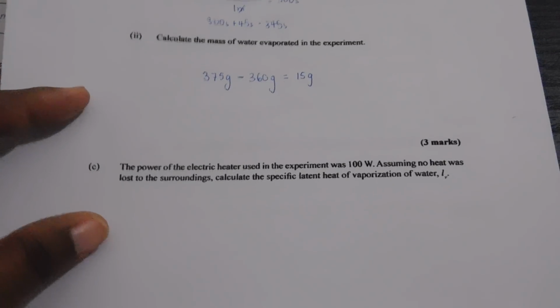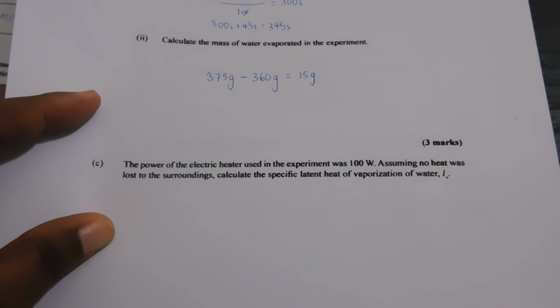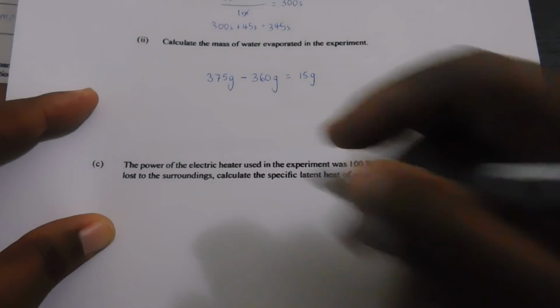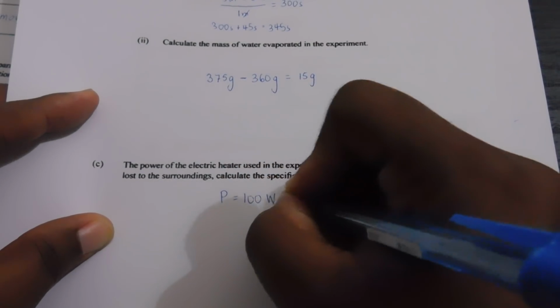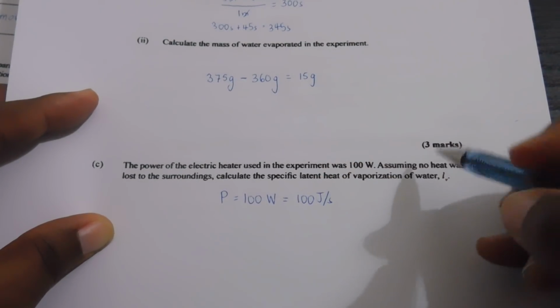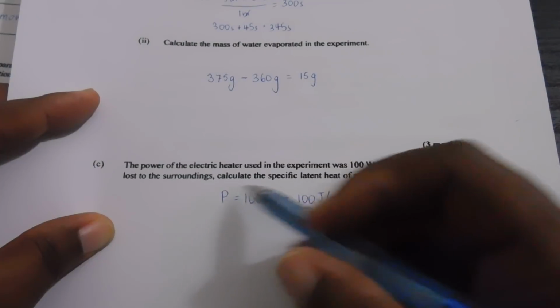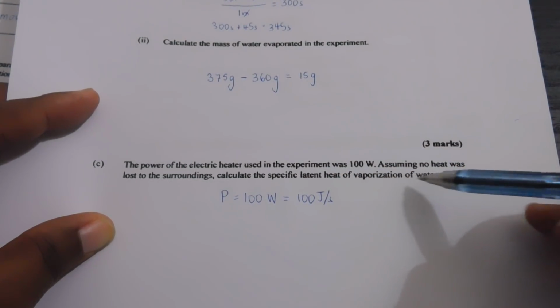Then part C is saying the power of the electric heater used in the experiment was 100 watts. So we're going to write power equal to 100 watts, which is equivalent to 100 joules per second. And assuming no heat was lost to the surroundings, calculate the specific latent heat of vaporization of water, Lv. So it will say Pt equal to m Lv.